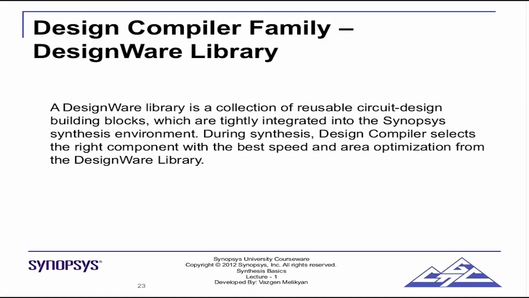The process of mapping and optimization converts that Boolean netlist into a specific technology library netlist and further optimizes based on the goals we provide. We saw that the goals we provide are timing, area, and power, assuming all the design rules are met, in that order of priority.